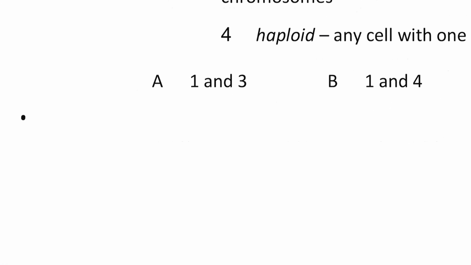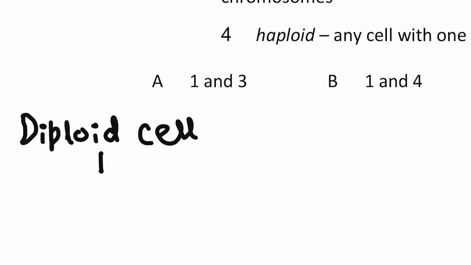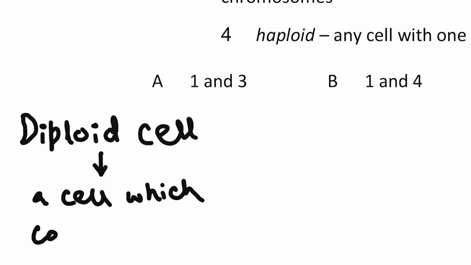Guys, if we talk about diploid cell, so what is a diploid cell? Diploid cell is a cell which contains two sets of chromosomes. How many sets? Two sets of chromosomes.